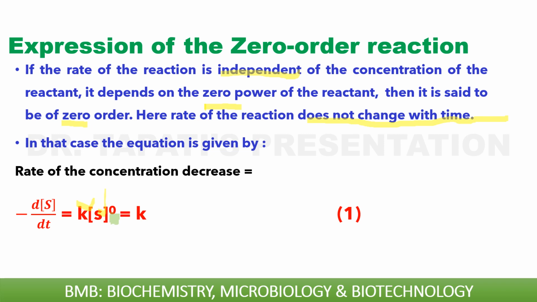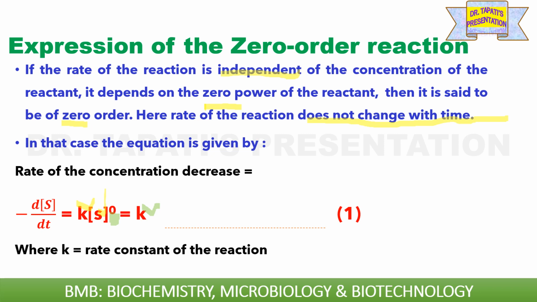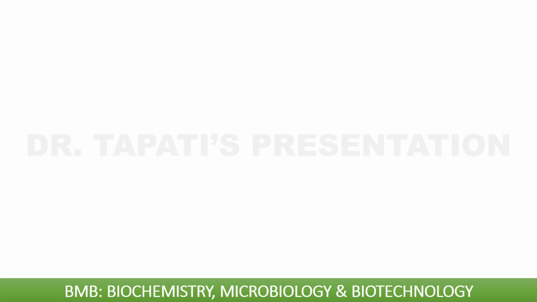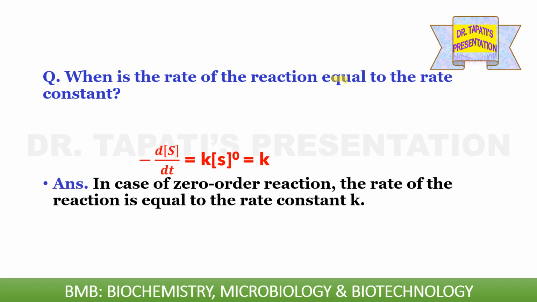As it is, therefore it is called zero order reaction, and the value will be only K, that is, K equal to rate constant of the reaction. So when is the rate of the reaction equal to the rate constant?